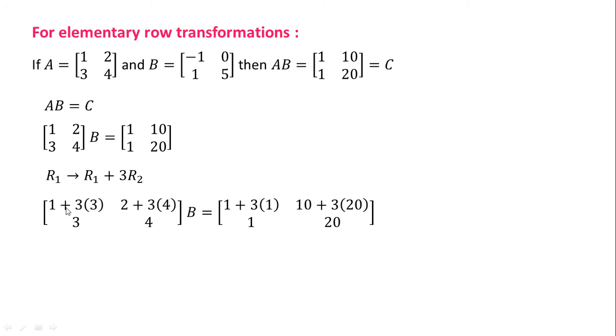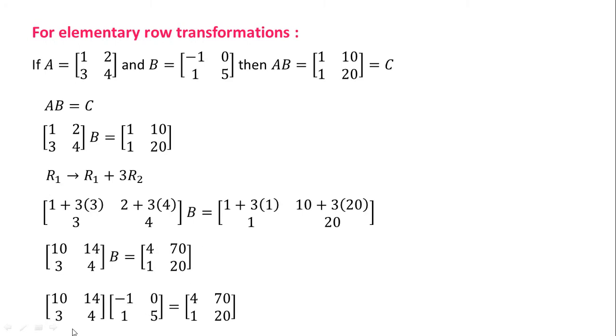Okay, so there is a change in A, and also there is a change in C. See here, R1 changes to R1 plus 3R2 on both sides. So it gives this, here it is 10, 14, row number 2 as it is, and B also as it is, and here it gives 4, 70, 120 as it is.